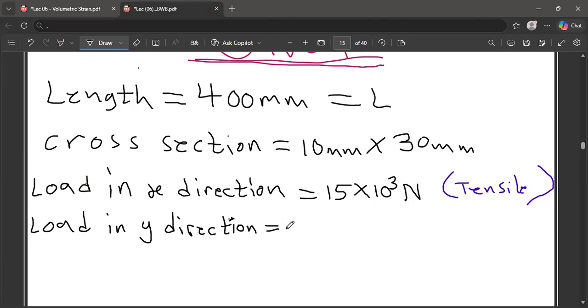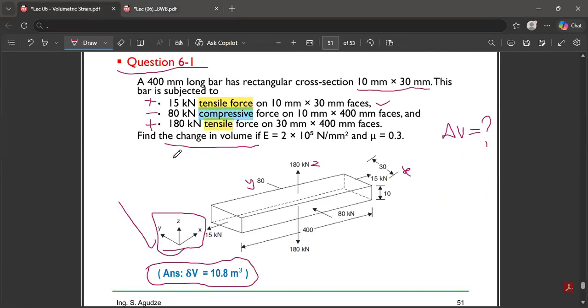And the load in y direction, let's go and look for it. That is actually the 80 kilonewton. So this is the load in the y direction, and that is the 80 kilonewton.